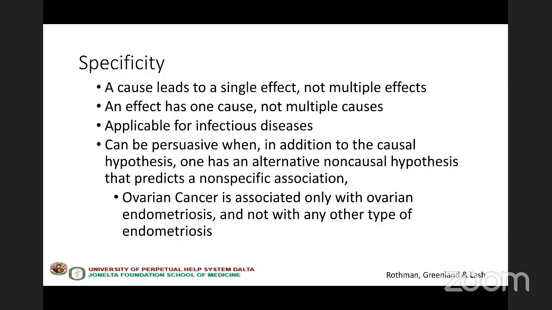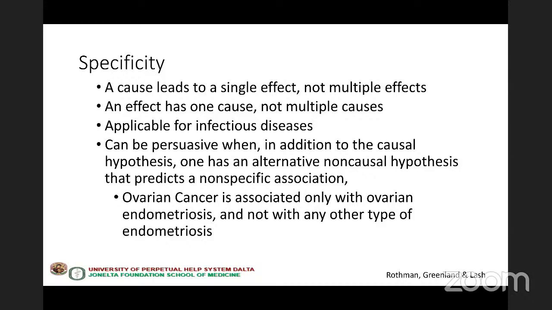So what causes your coronavirus? You have your COVID-19. What causes your tuberculosis? You have your Mycobacterium tuberculosis. So one disease is specific to cause a certain outcome. So it can be persuasive when, in addition to the causal hypothesis, one has an alternative non-causal hypothesis that predicts a non-specific association.